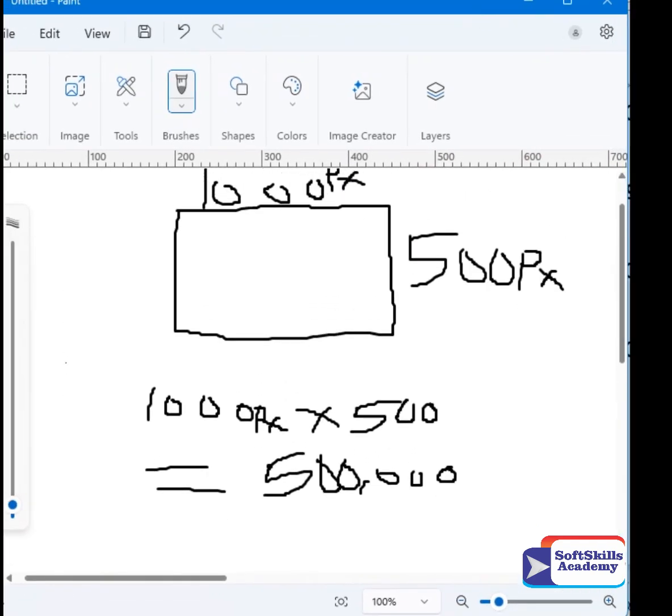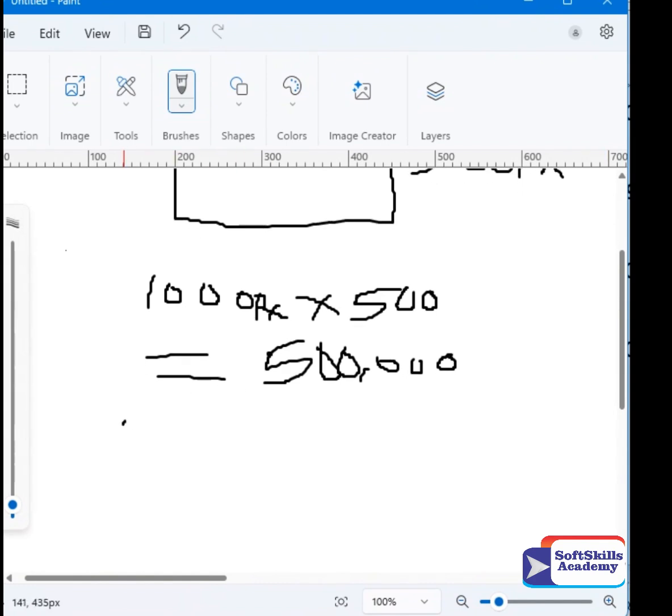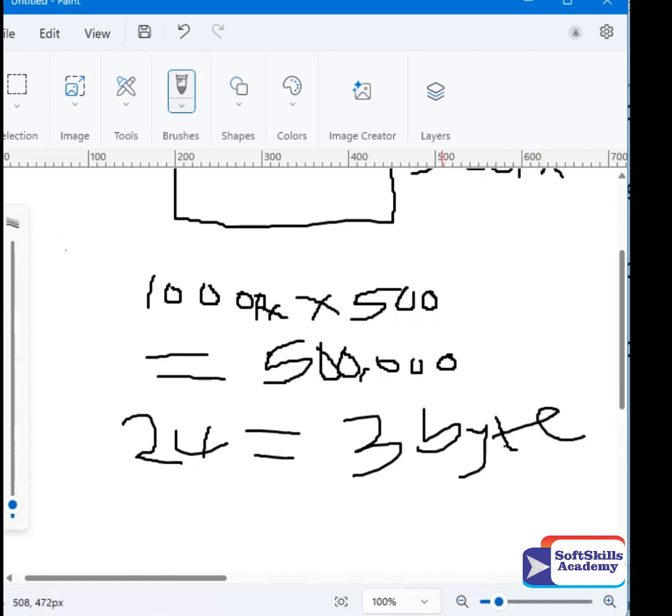Now, do you remember 24 bits is equal to 3 bytes?